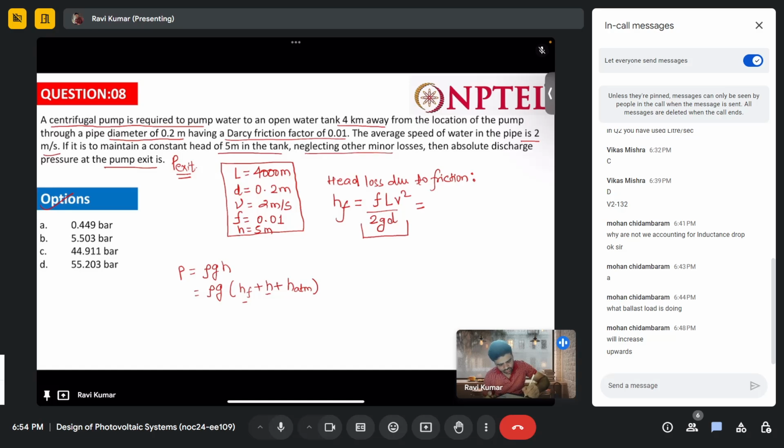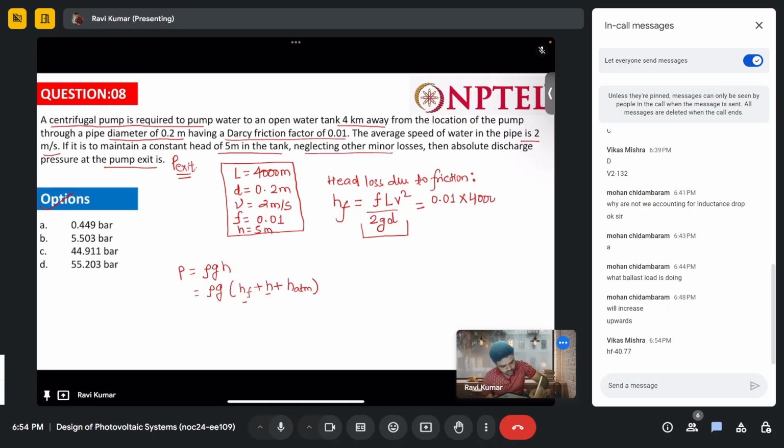What is this f? 0.01. What is L? 4000. What is velocity? 2 square divided by 2. What is the value of g? 9.81. And what is this D? Diameter. Yes, Vikas said HF is 40.77.